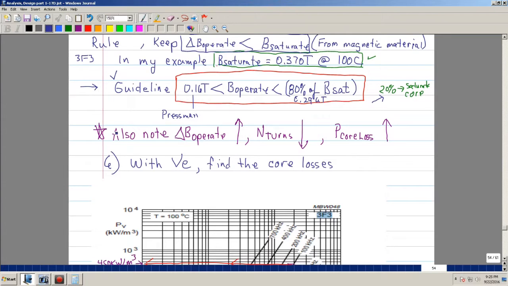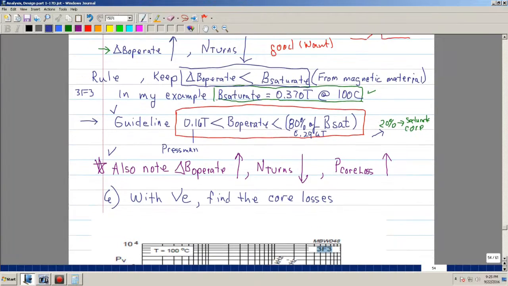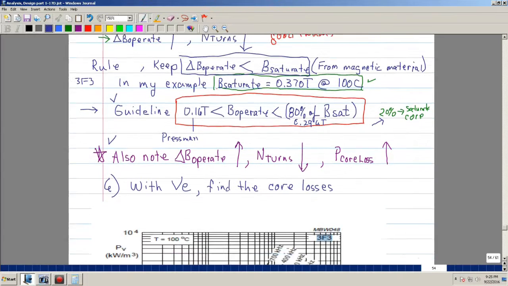Okay. So now I just want to make another side note, which is very important. As I had mentioned before, and look at the equation, as your delta B operate goes up, I made a statement that the end turns goes down, which is good.